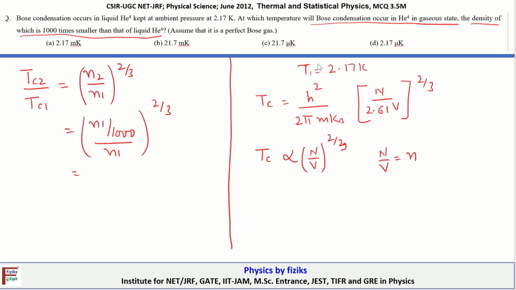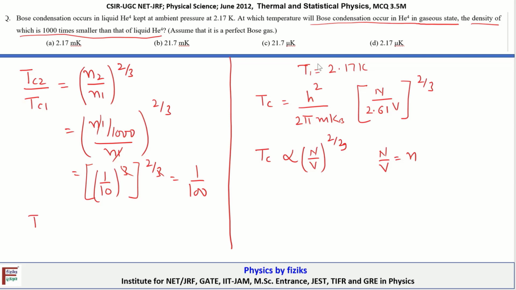So this is equal to 1 by 10 cubed, to the power 2/3. The n1 and n1 cancel with each other, so this is equal to 1 divided by 100.